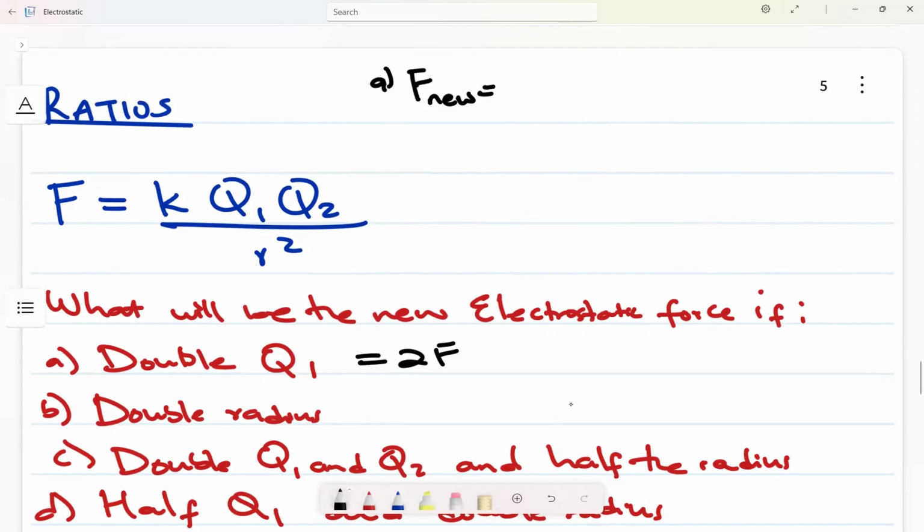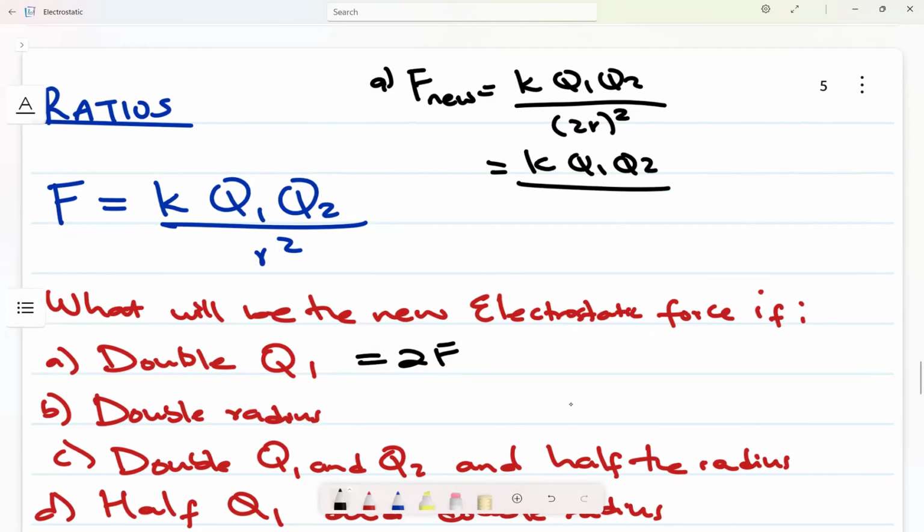Now for number B, we double the radius. The charges remain the same, but now I double the radius, it's going to be K Q1 Q2 divided by 2R squared. Can you see? 2R, then I square everything. K Q1 Q2 divided by 2 squared, which is 4R squared.